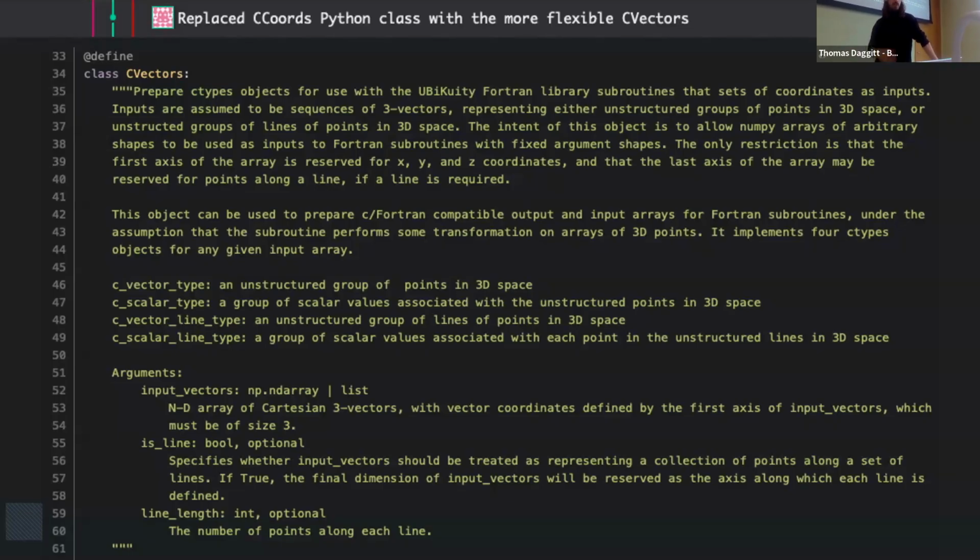And this effectively was me trying to make sure that if Brad or anybody else wanted to write new methods and then do the interoperability step between Fortran and Python, they didn't have to worry about the various differences between Fortran and Python. So for those of you who are not familiar with either one or the other or both, Fortran arrays are column major and index from 1, whereas Python arrays are row major and index from 0.